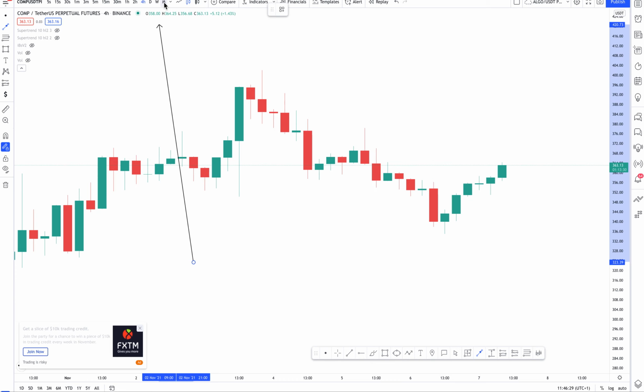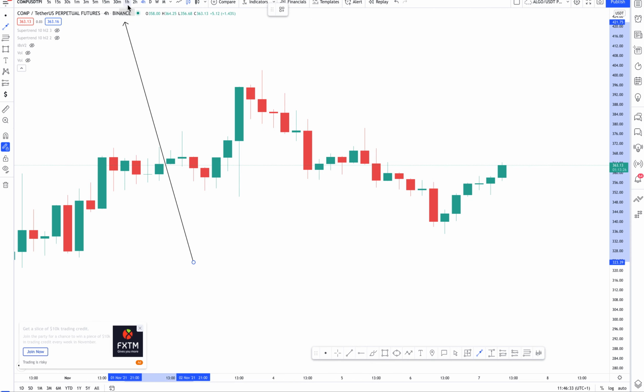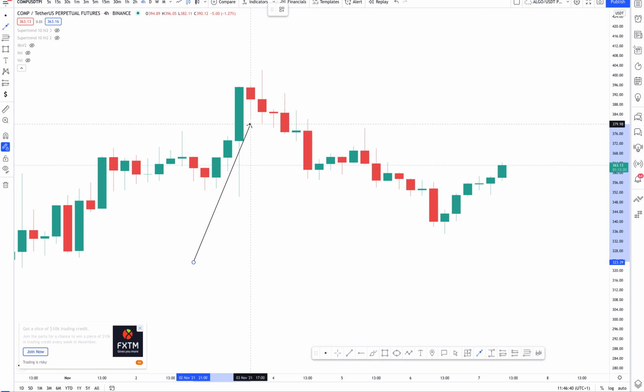If you go to a 1 hour chart, the same thing. On a 5 minutes chart, each candle represents 5 minutes. If it is 1 minute, each candle represents 1 minute. If you are using a 15 minutes chart, one candle equals 15 minutes.